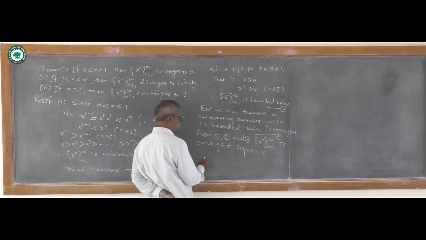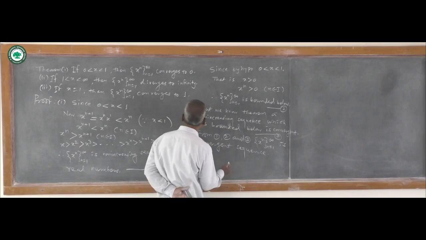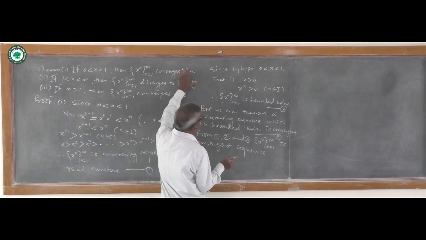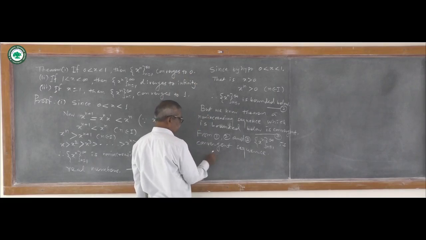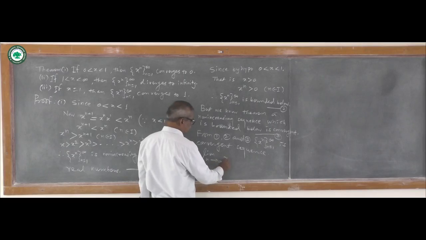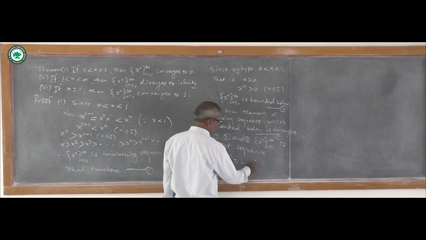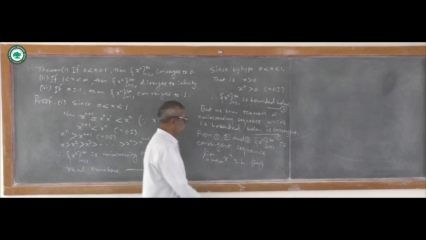Therefore, we take the limit as n tends to infinity of x^n equal to L, and we claim we have to show that L is equal to 0. Since it is a convergent sequence, the limit as n tends to infinity of x^n is equal to L, say, where L belongs to R. L is a real number. This is statement 4.